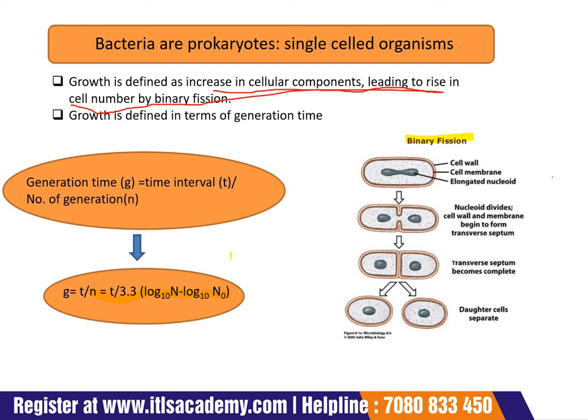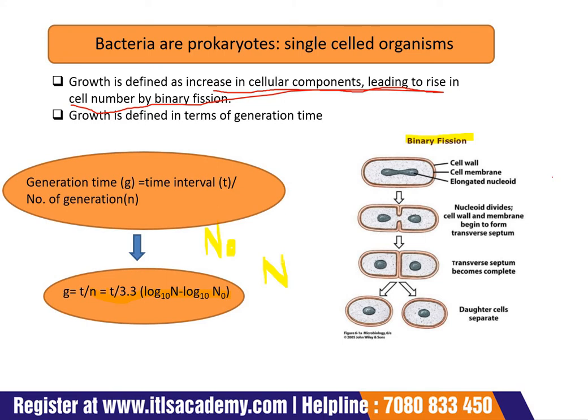Initially we consider that at time t the initial cell number is 1, but actually the number of cells is not 1. Normally there are thousands of cells being inoculated. So we can say that N naught is the initial population number, and N is the final number.